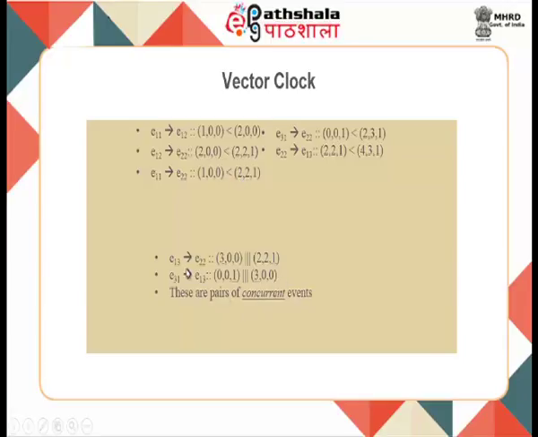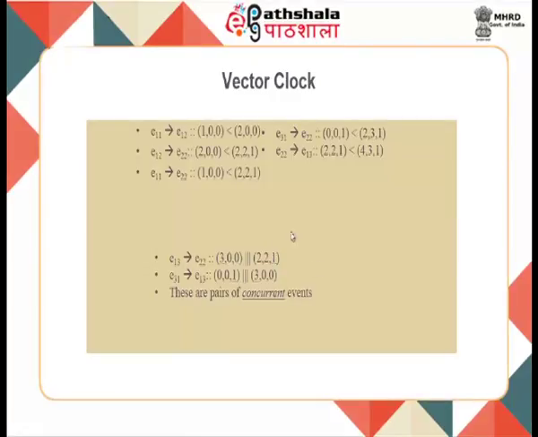Now, if we look at E13 and E22, then we see that 3 0 0 and 2 2 1. These two vector clocks do not follow either less than or greater than relationship. So, why do they not follow? Because E13 has 3, here it is 2. So, this is bigger.